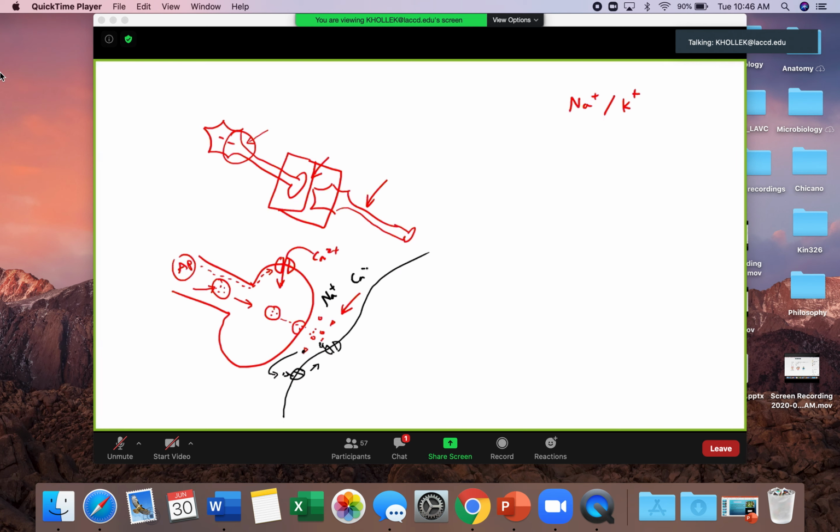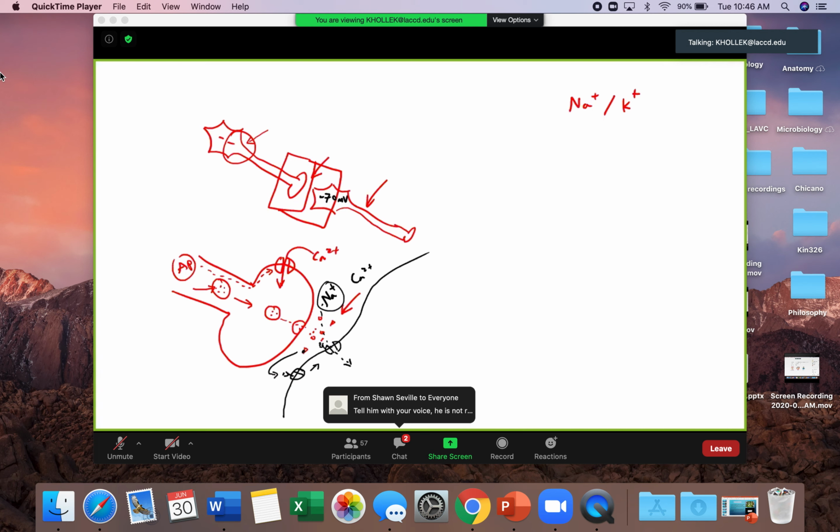Sodium or calcium that have higher concentration outside can go in. And entry of this sodium going in really depends on many different factors. But if in here we have negative 70 millivolts to start off with, this was the resting potential.